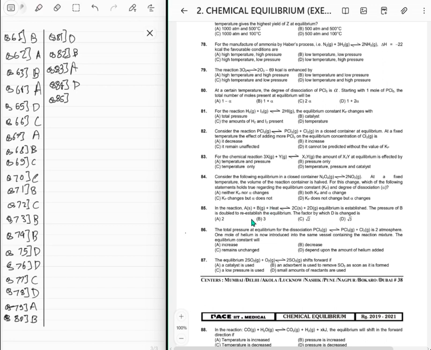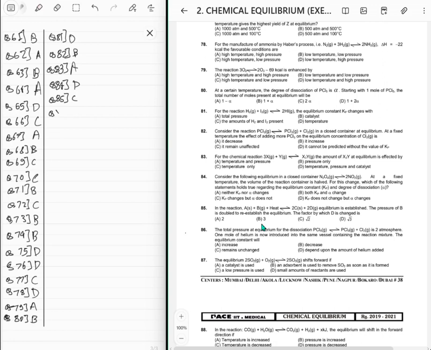Because only then can you actually solve it. Otherwise we don't know what the initial concentrations are, and it becomes unsolvable. You don't know what the equilibrium constant is. So the pressure of D is doubled. That means D must be increased by square root 2, so that the equilibrium constant, the Kp, is still the same. So 85C.